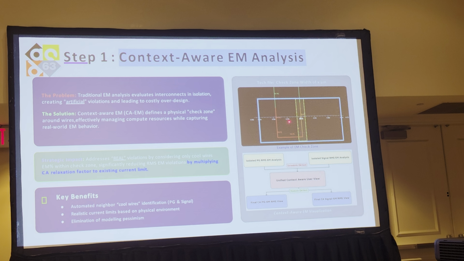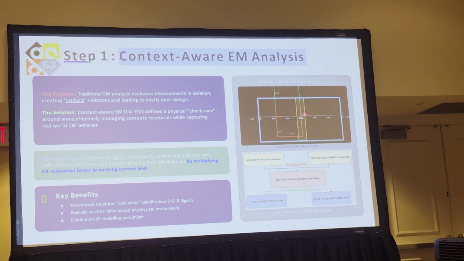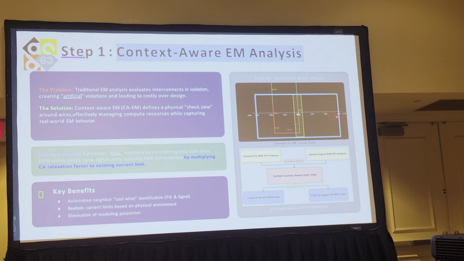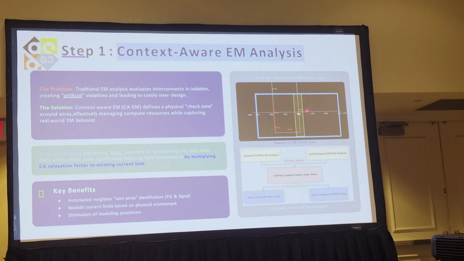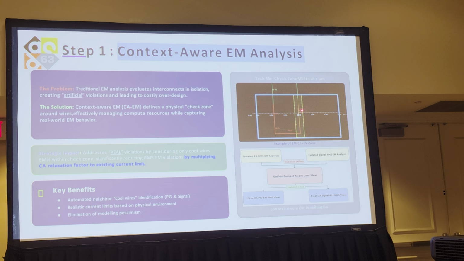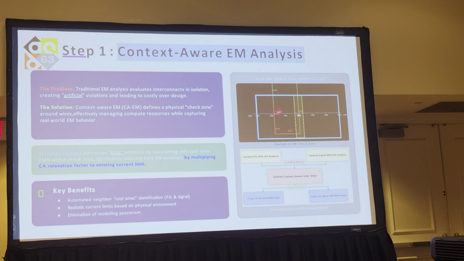As we can see here, suppose there is a segment here. From the foundry tech file, we'll have this particular EM check zone that the tool calculates. So here we can see that the wire is orange. This means that this wire is a bit cooler compared to this wire.